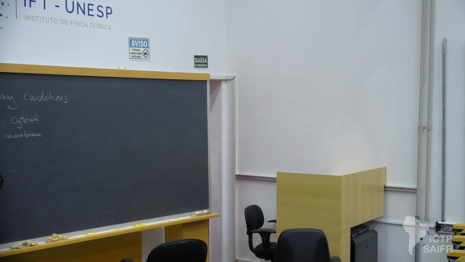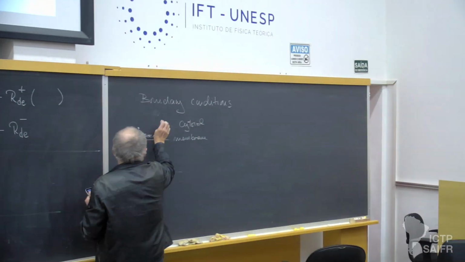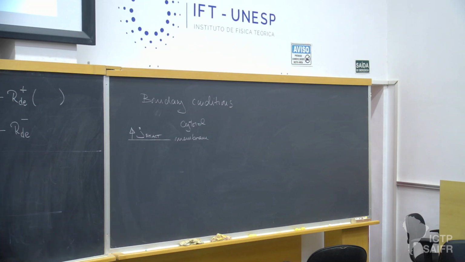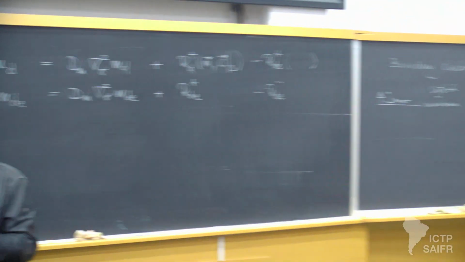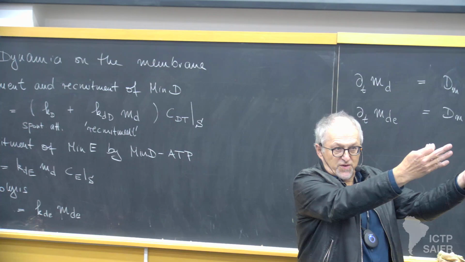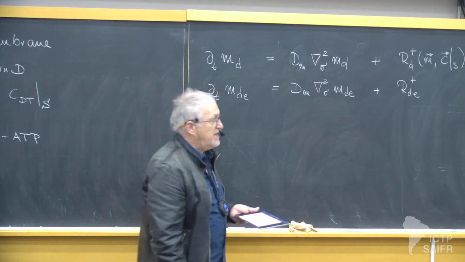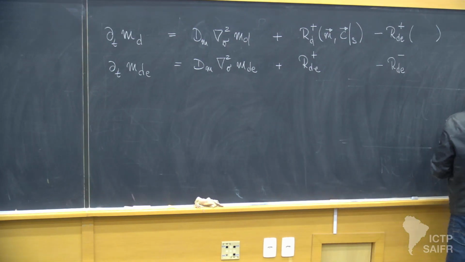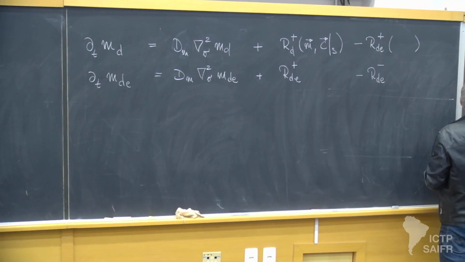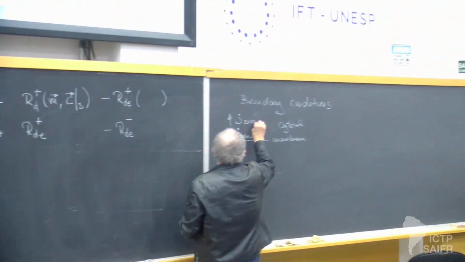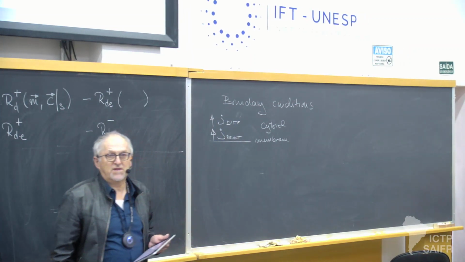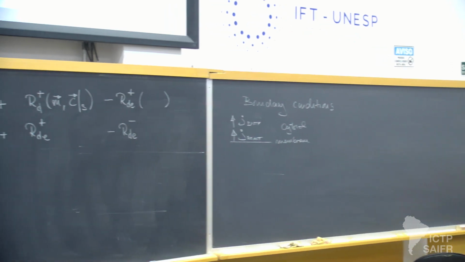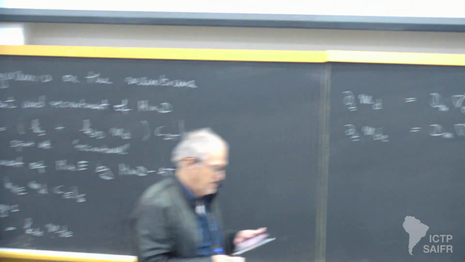There's a current coming from the reactions, for example, the current coming from the hydrolysis reaction that gives rise to the flow of MinDE dimers into MinE and MinD. And that flow has to equal the diffusive flux. That's a continuity equation that you have to have in the system. Otherwise, we'll gain or lose particles.